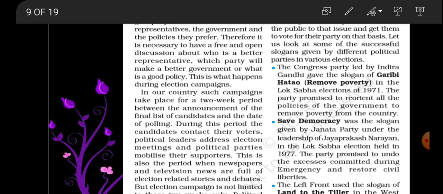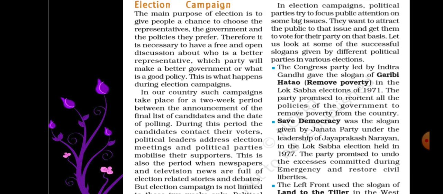So, some of the things are given here. According to the election law, no party or candidate can bribe or threaten voters, or appeal to them in the name of caste, religion, etc. They don't have the right to threaten the voters for casting votes, or to appeal to them in the name of caste or religion.